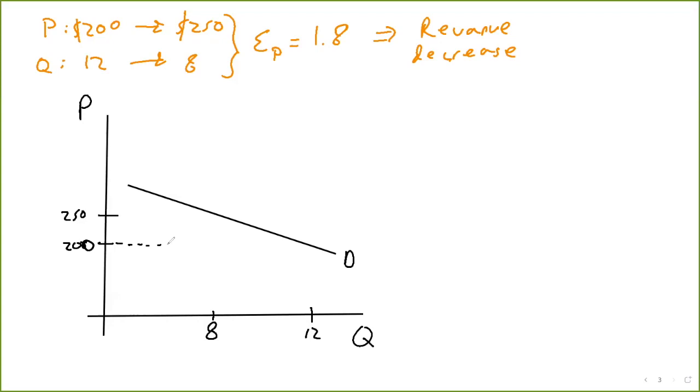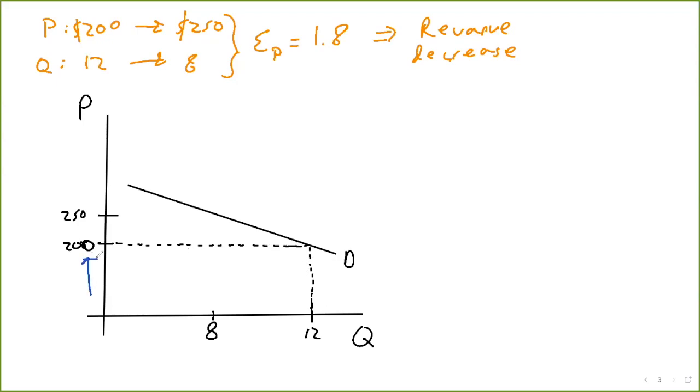So at a price of 200, we're selling 12 units. So if you remember, our formula for revenue is price times quantity, which in this case is 200 times 12. Well, that happens to also be the length of the two sides of this rectangle I just plotted out, right?